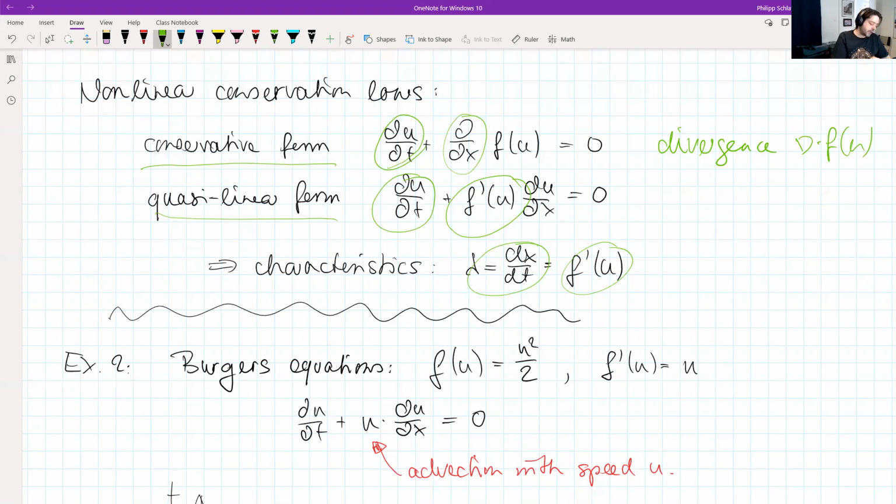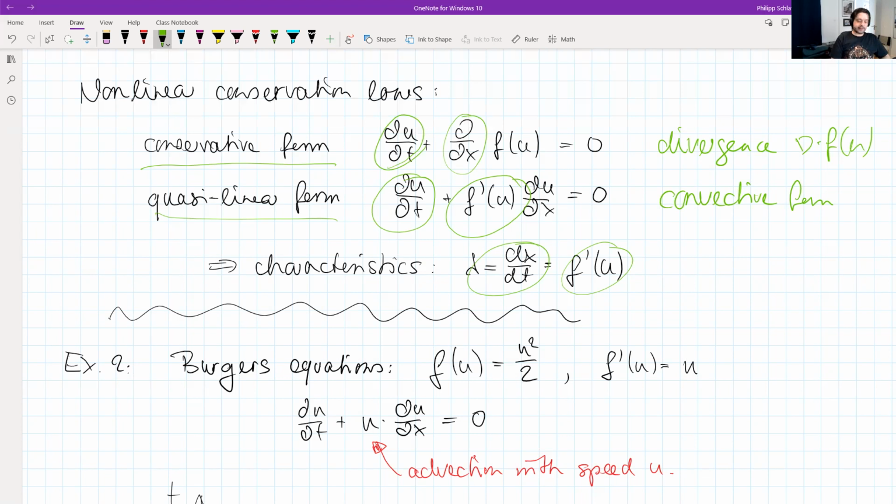So divergence form is another word. And the quasi-linear form, because you take out the convection speed, is at times also called the convective form of the equations, because you take out the speed explicitly.